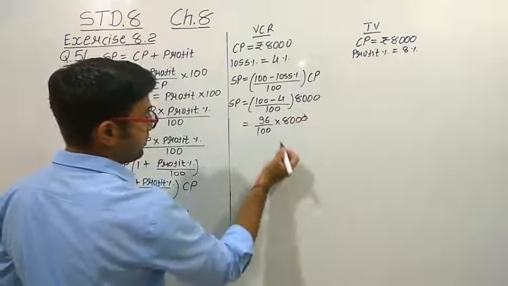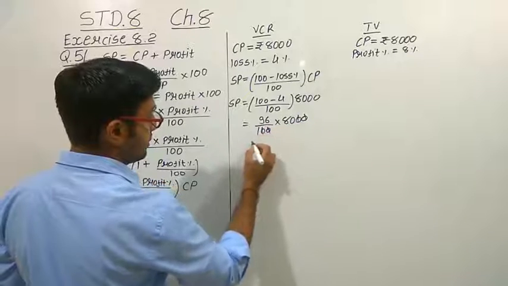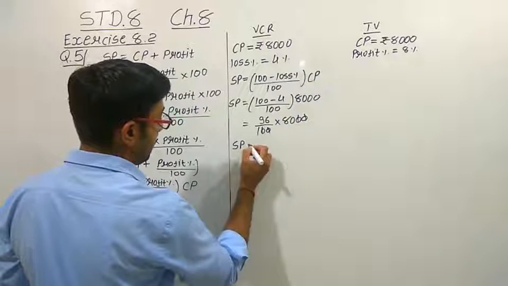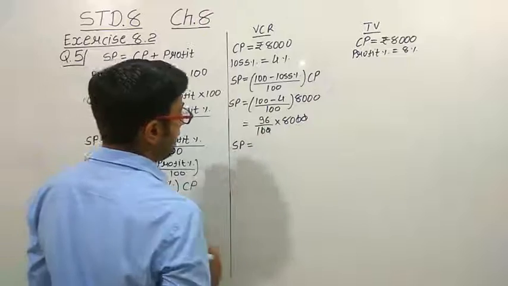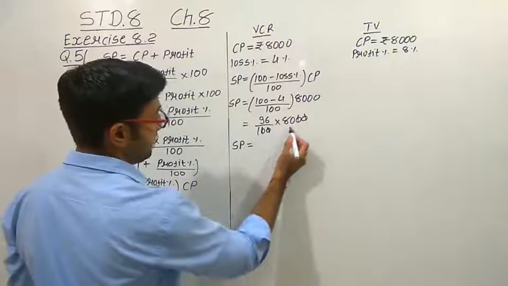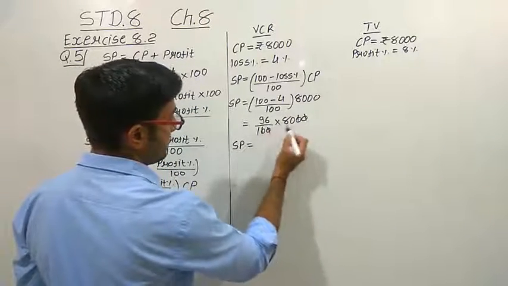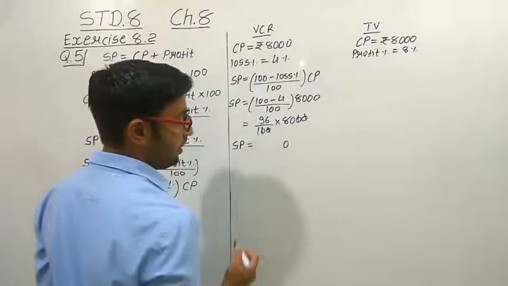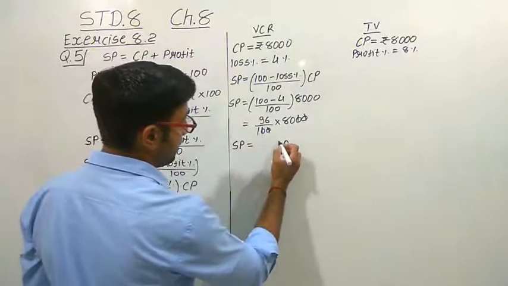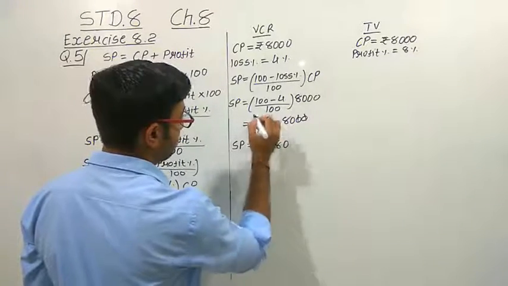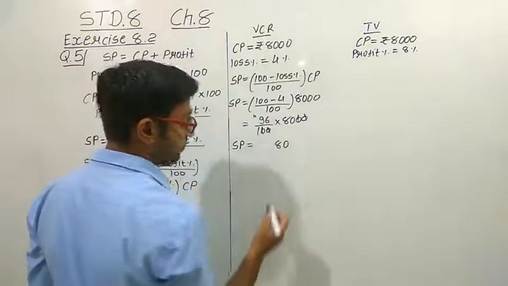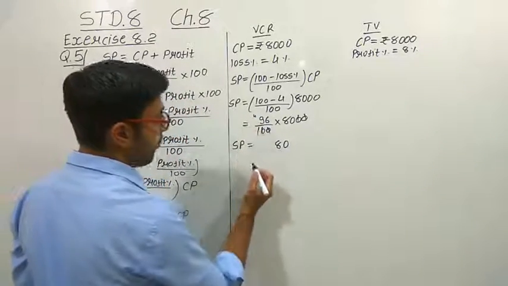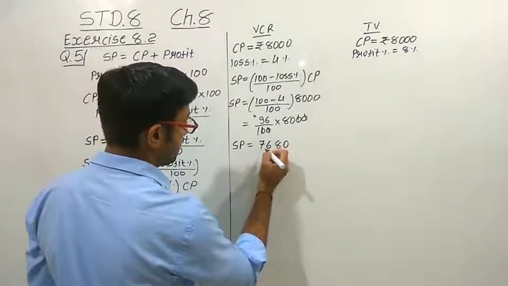Now we can cut this 0 with this 0, this 0 with this 0. Now what will be the selling price? We have to multiply this 96 with the 80. So let us put 0 here. 8 6s are 48. 8 is here, 4 is the carry. 8 9s are 72. 72 plus 4, 76.